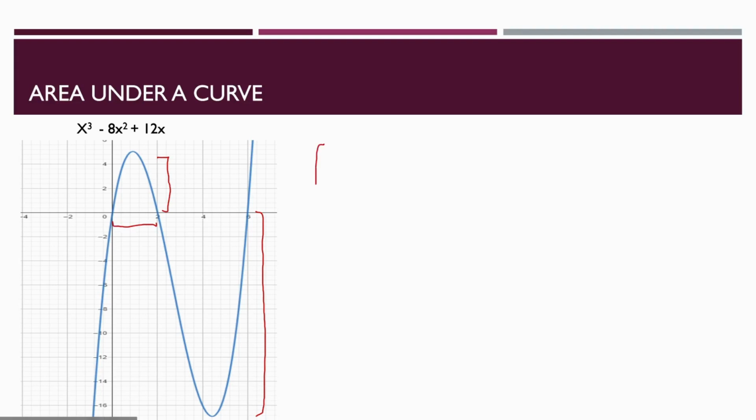Alright, so 0 till 2, and our equation is x cubed minus 8x squared plus 12x dx. Alright, so it's 1 over 4 x to the 4 minus 8 over 3 x cubed plus 12 over 2 gives me 6x squared.